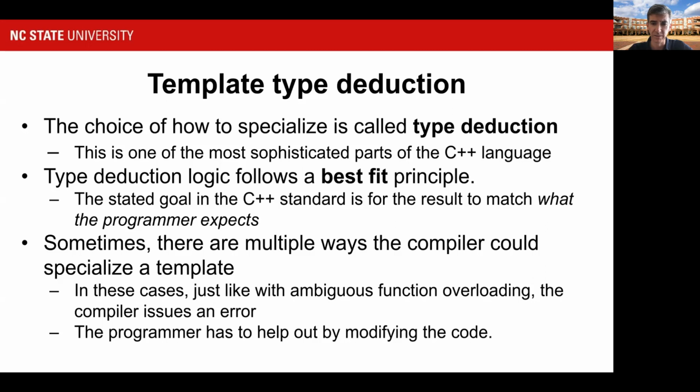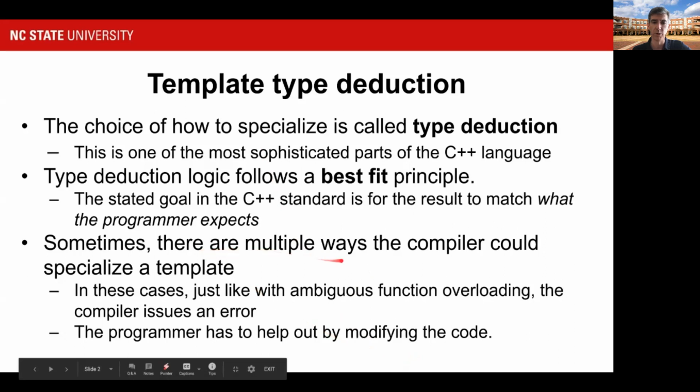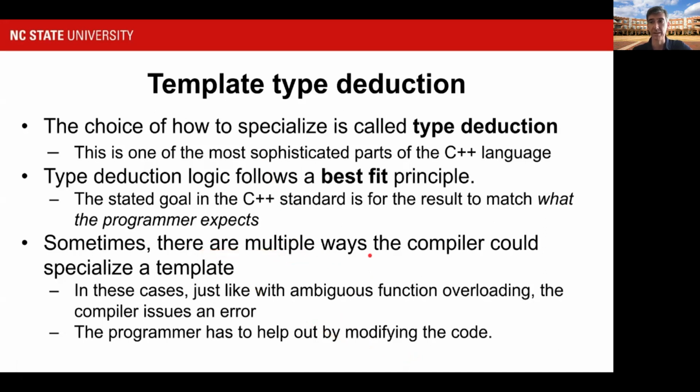And in these cases, just like with ambiguous function overloading, what the compiler tends to do when it's not sure is it raises an error. And then at that point, the programmer has to help out by modifying the code. So when there are multiple ways the compiler could specialize something, normally the programmer has to get involved to help the compiler.